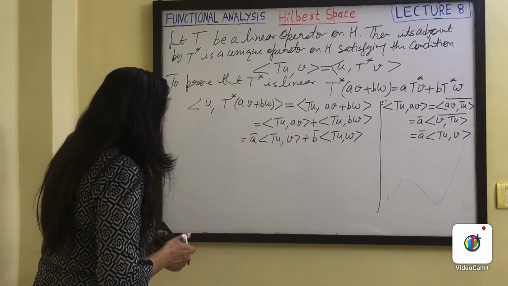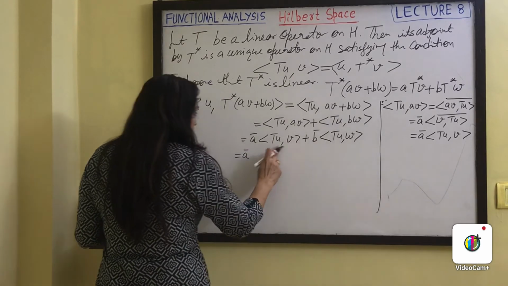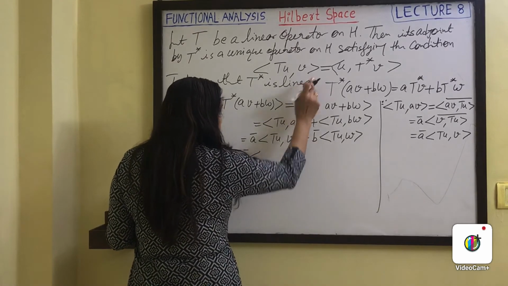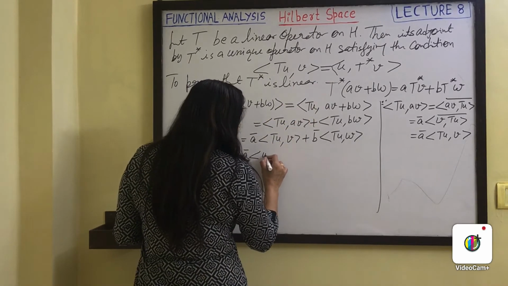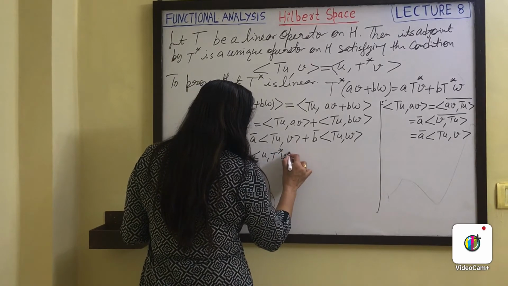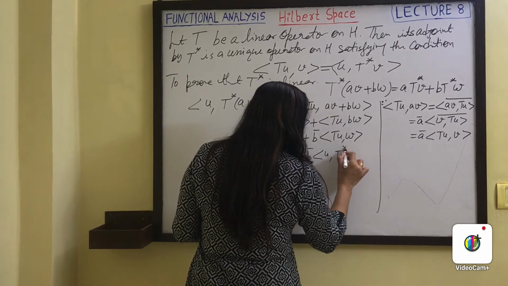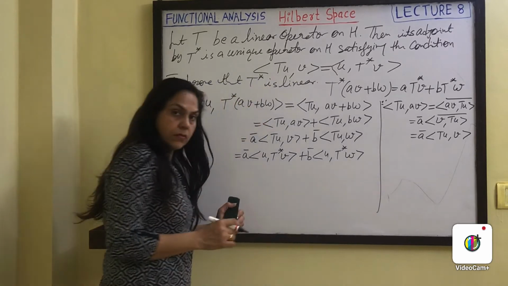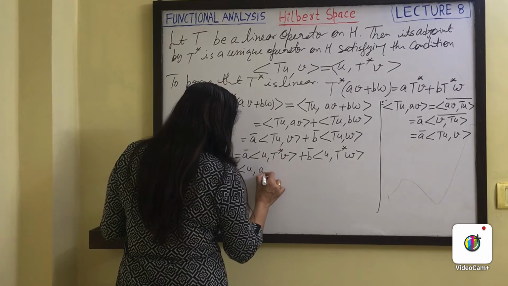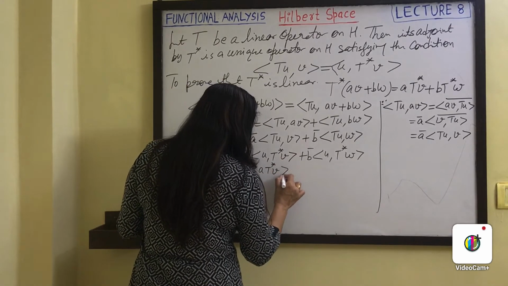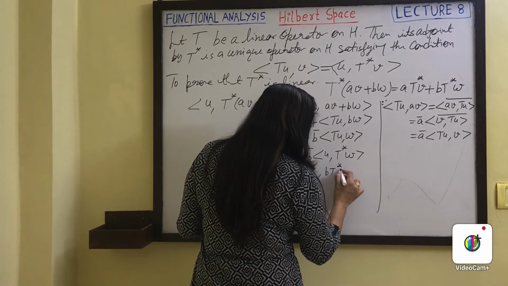Now this can be written as a bar, and again using the condition of adjoint, T*v plus b bar T*u comma T*w. Okay, and again we can say it is a times the inner product of u comma T*v plus the inner product of u comma b T*w.